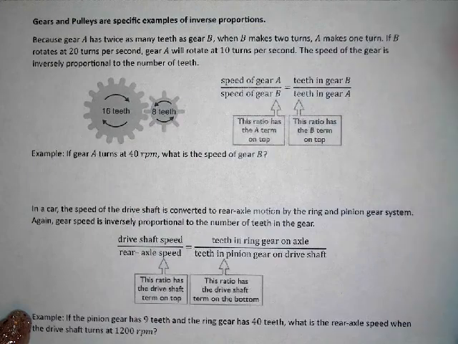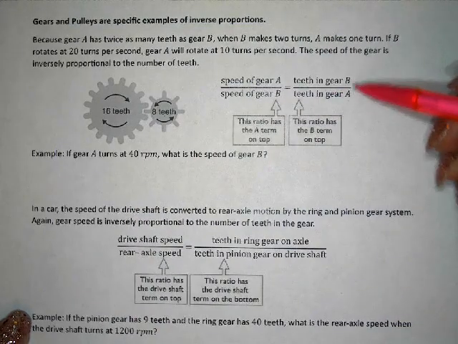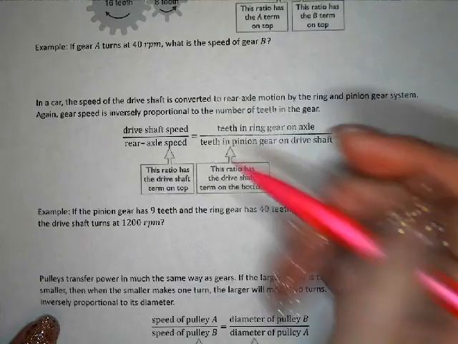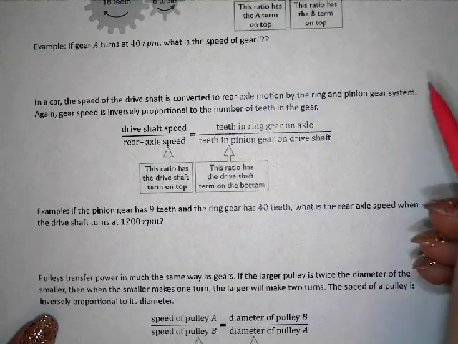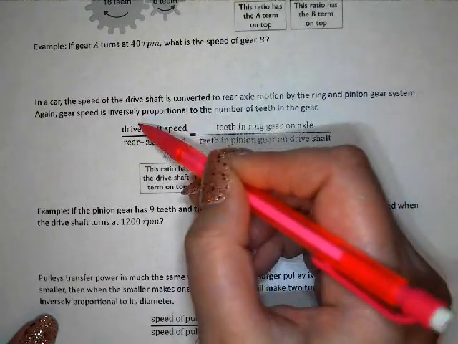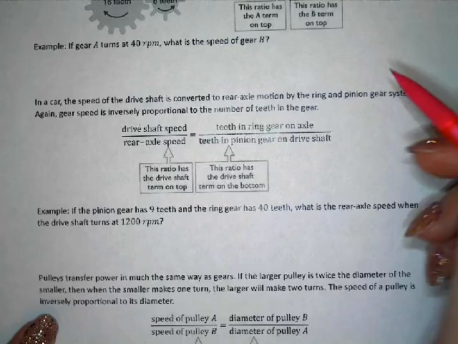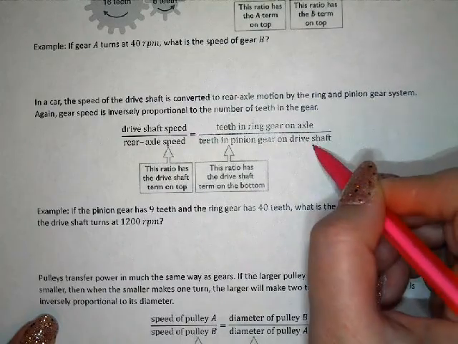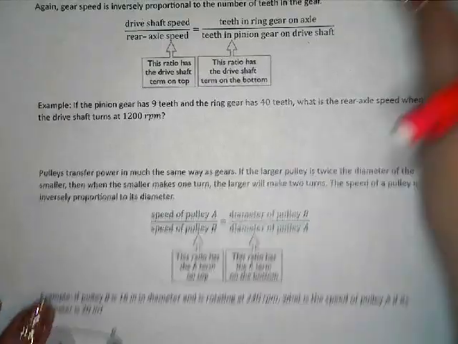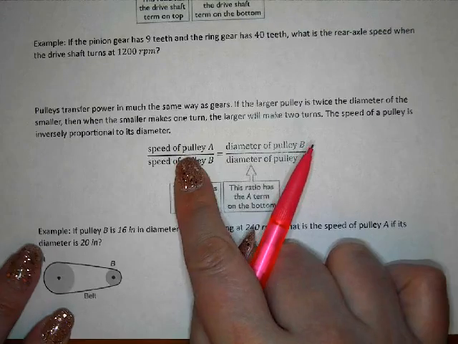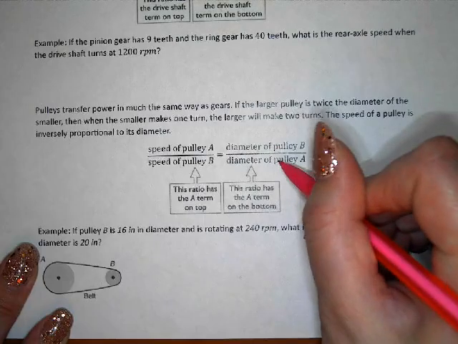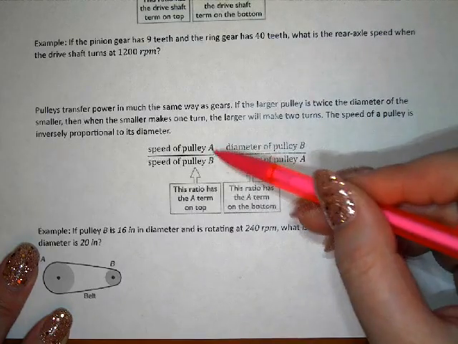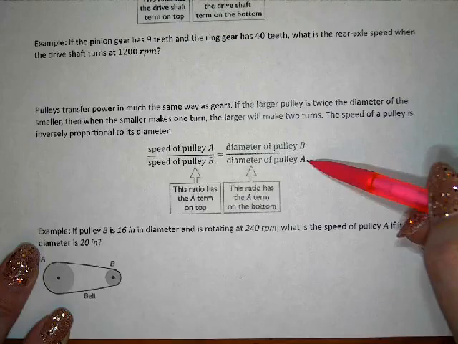The same thing here, they're talking about speed and teeth in a gear, but here we've got the drive shaft and the rear axle. Here we've got the axle and the drive shaft, so they've already inverted one for you. Here we've got pulley A and pulley B. We've got the speed that we're comparing and the diameter that we're comparing, but you'll notice they've already inverted one of them for you. So these are just some inverse proportions that we have, and then they've got some formulas that they've given us to work with.